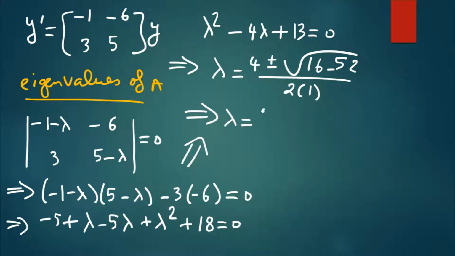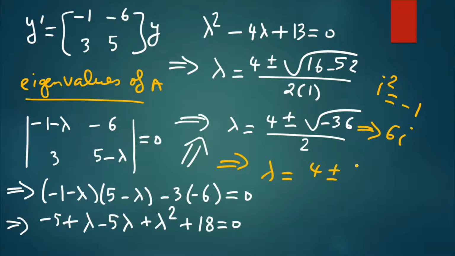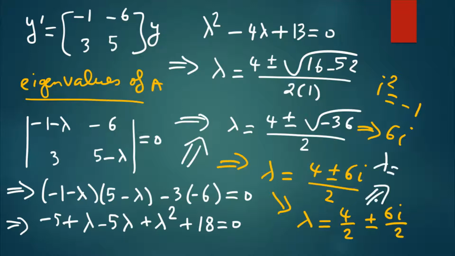So lambda equals 4 plus or minus the root of -36 over 2, and since i squared is -1, the root of -36 is 6i. 4 plus or minus 6i over 2, or 4 over 2 plus or minus 6i over 2. So the eigenvalues are 2 plus or minus 3i.